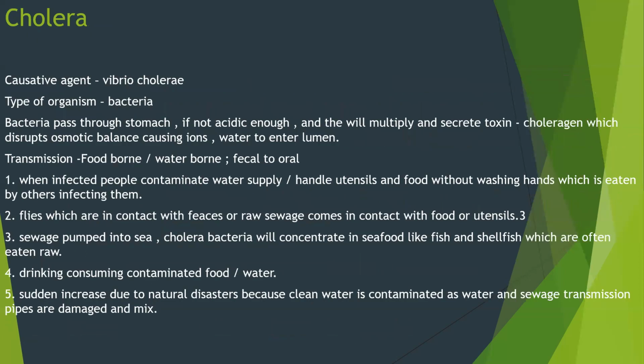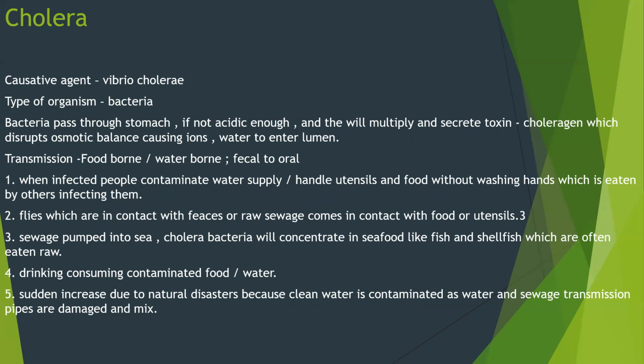So under this chapter, we'll have to talk about cholera firstly. And cholera's causative agent is Vibrio cholerae, and it's a bacteria. So the bacteria will enter through the mouth, and then it will pass through the stomach if it's not acidic enough.